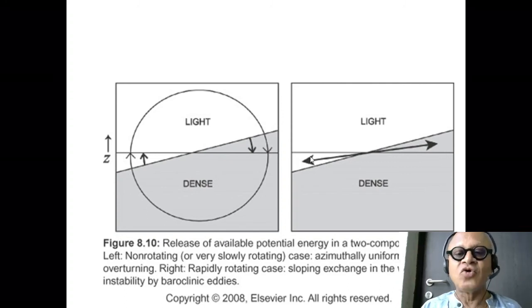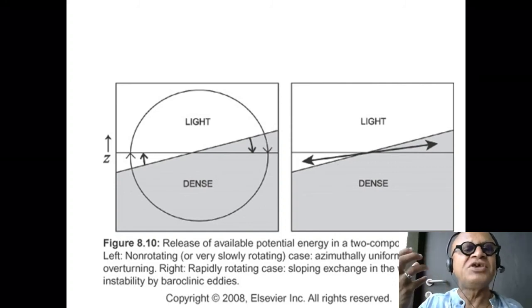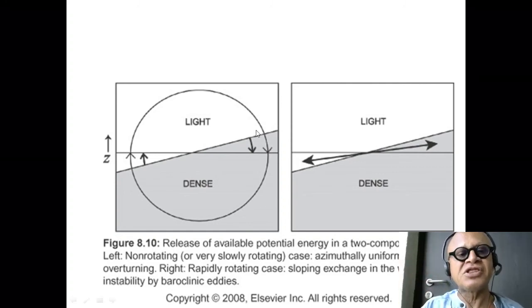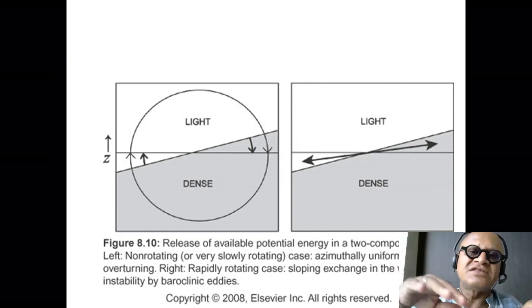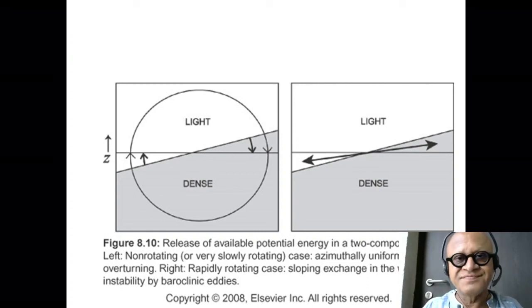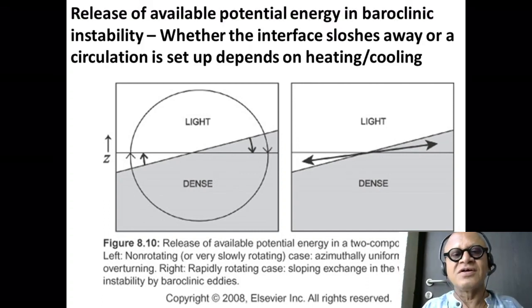Okay? The only additional complication here is that conversion of APE into KE is not happening in this non-rotating sense of just a vertical collapse, but it's happening along these tilted surfaces. That's all you have to learn out of this. So release of available potential energy in baroclinic instability, whether the interface sloshes away or a circulation is set up, depends on the heating and cooling.